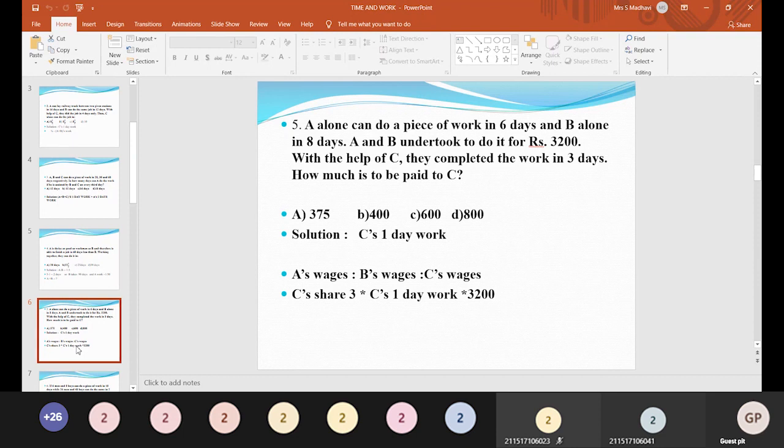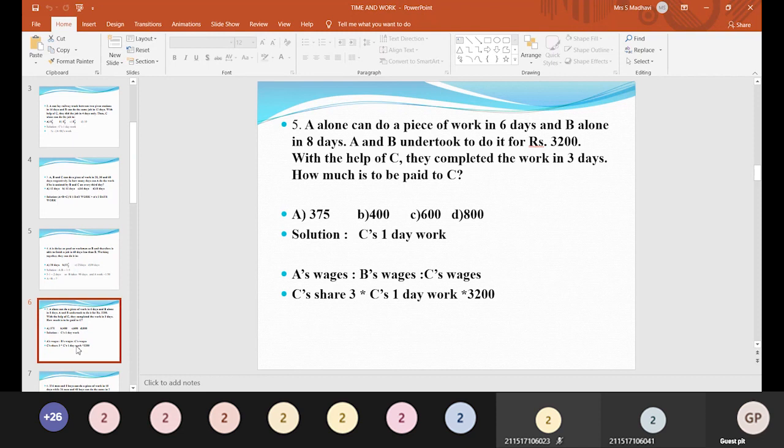So here A's 1 day's work is 1 by 6, and B's 1 day's work is 1 by 8. To find C's 1 day's work, it is equal to 1 by 3 minus 1 of A plus B's work, because with the help of C they completed the work in only 3 days.